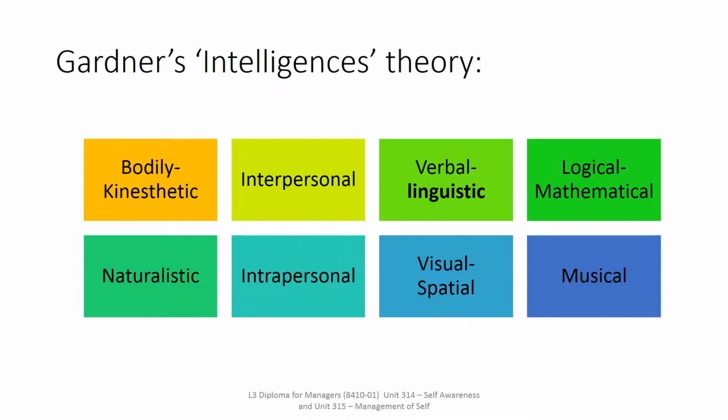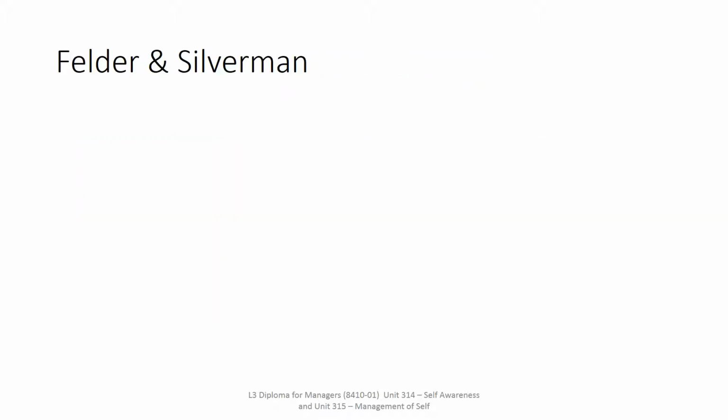A strange mix of things, but we can see how you can start to individualize for each person, although on the learning style angle it is a slightly different theory. So Gardner's intelligence theory is a little bit more complicated, and I find it quite confusing as to actually defining a learning style.